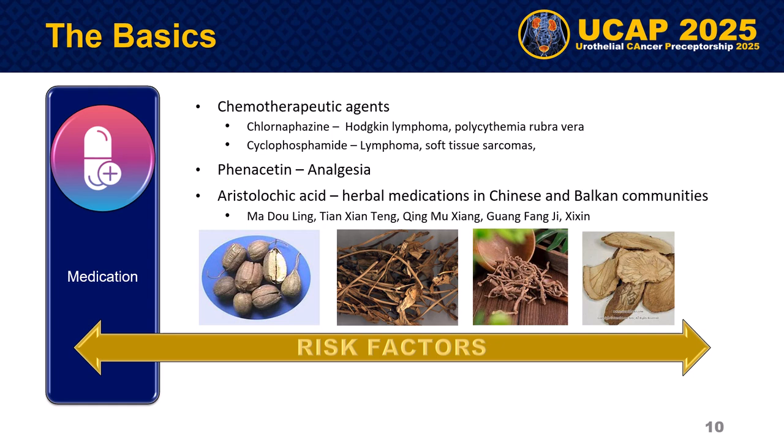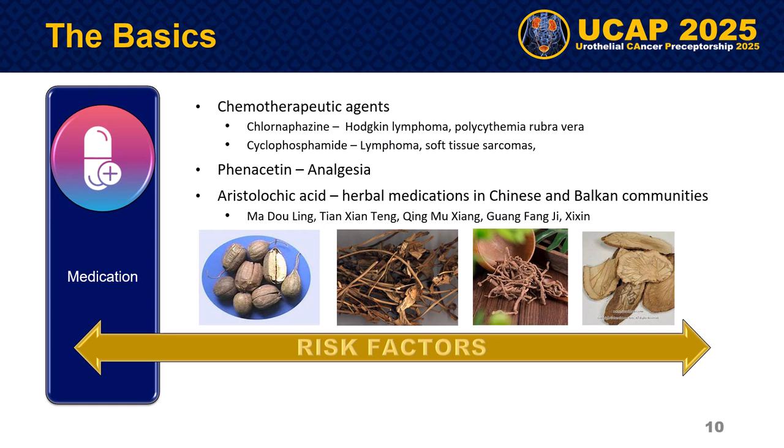Phenacetin, an over-the-counter analgesic used during the 19th and 20th centuries, has since been banned in many countries and has been documented to increase the risk of renal pelvis and ureter cancers. Aristolochic acid is a carcinogenic and nephrotoxic nitrophenanthrene carboxylic acid produced by Aristolochia plants.